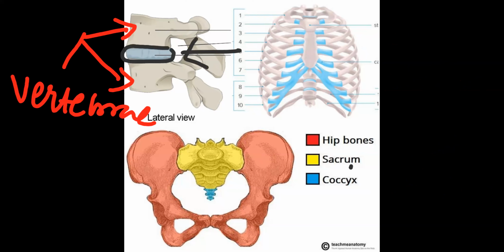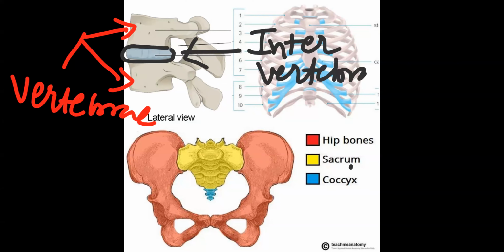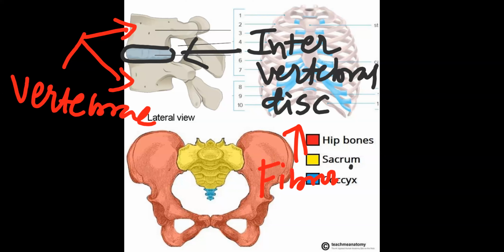What's the name of the structure? Intervertebral disc. And this intervertebral disc is made up of fibrous cartilage.